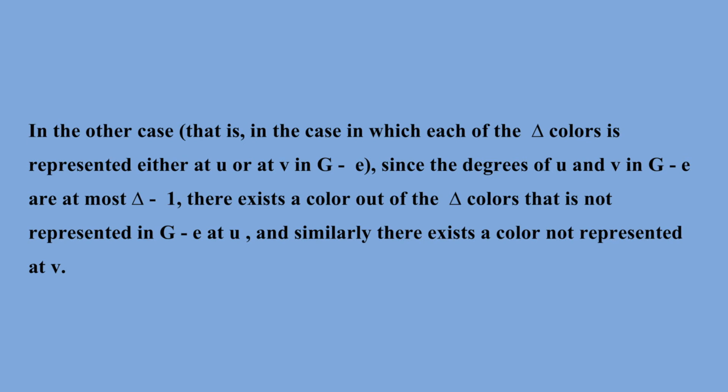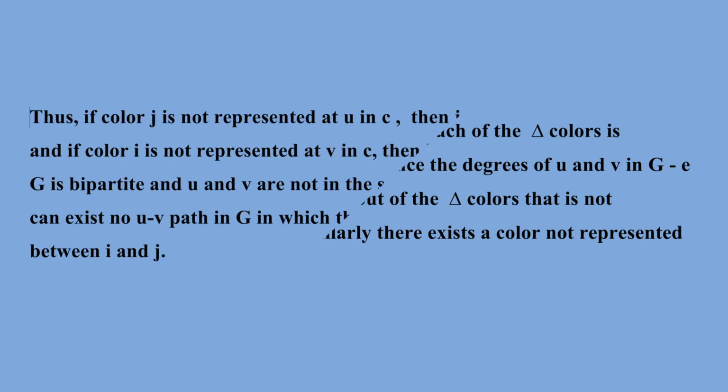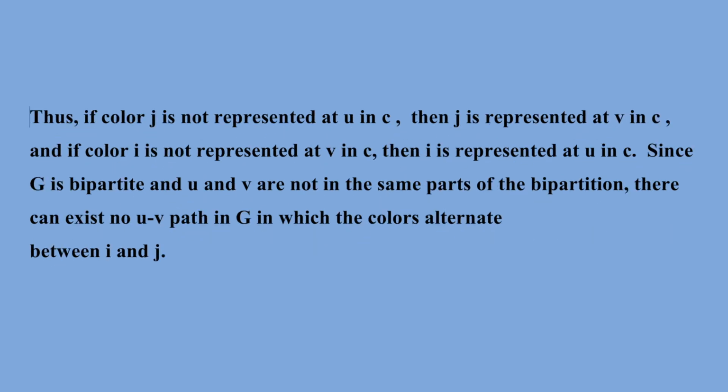Since the degrees of u and v in G minus e are at most delta minus 1, there exists a color out of the delta colors that is not represented in G minus e at u, and similarly there exists a color not represented at v. Thus, if color j is not represented at u in C, then j is represented at v in C, and if color i is not represented at v in C, then i is represented at u in C.